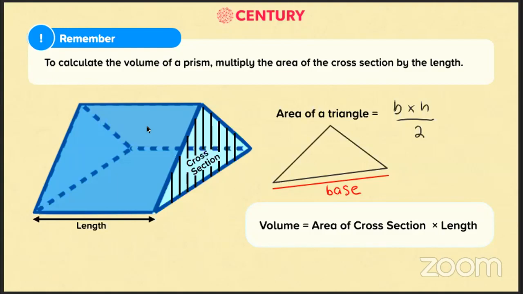In this case, the height would be this length here. Sometimes this is referred to as perpendicular. You might have heard that word before. Perpendicular just means at a right angle. So calculating the area of a triangle, you need to do base times height divided by 2.